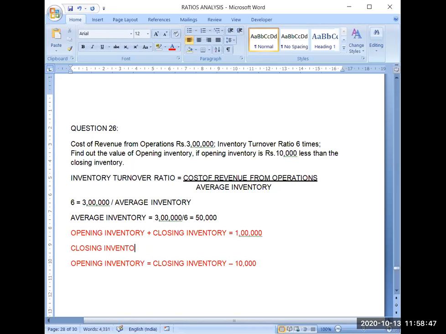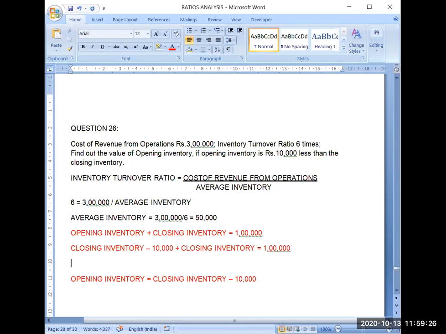So if you are not comfortable with the equation method that I did in the previous question, you can do this also. It will be much simpler for some students. So closing inventory minus 10,000 is the value of opening inventory, plus closing inventory is equal to 1 lakh.